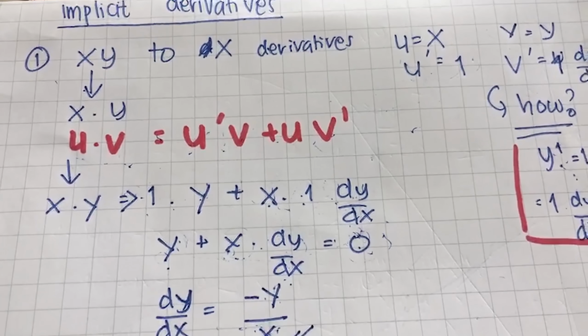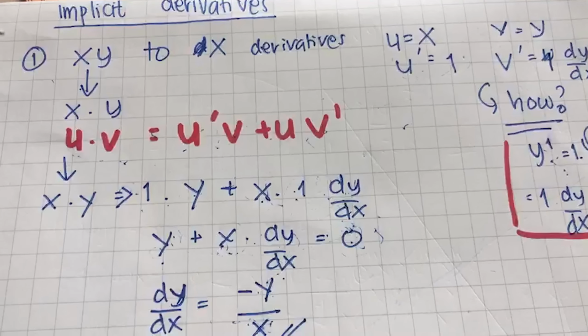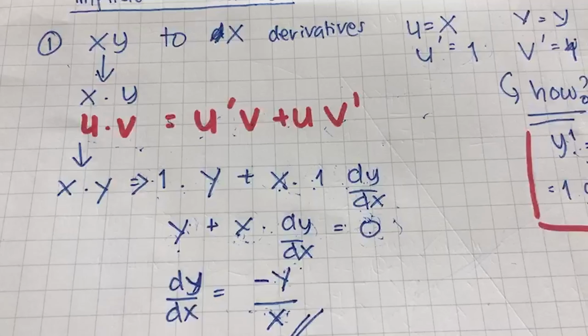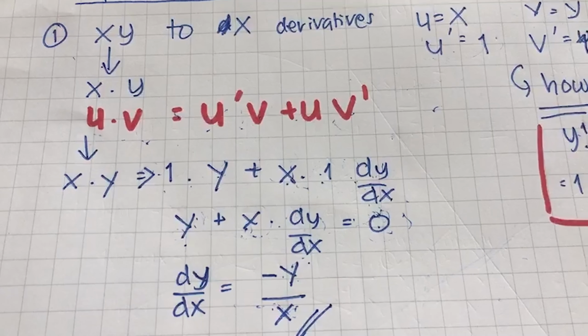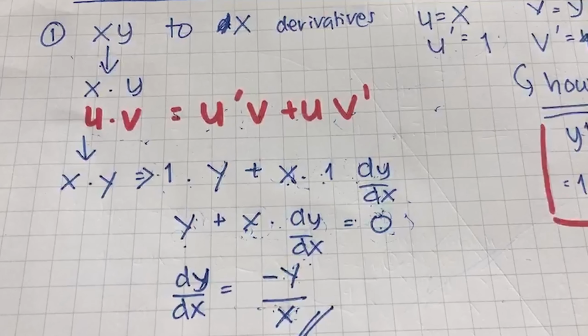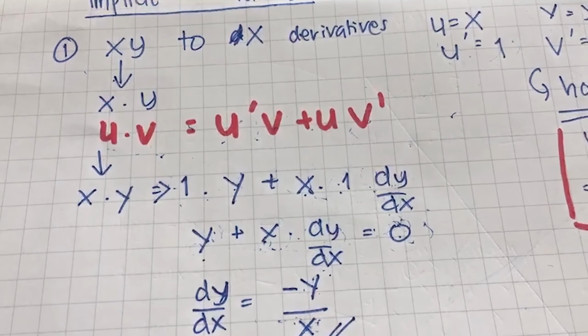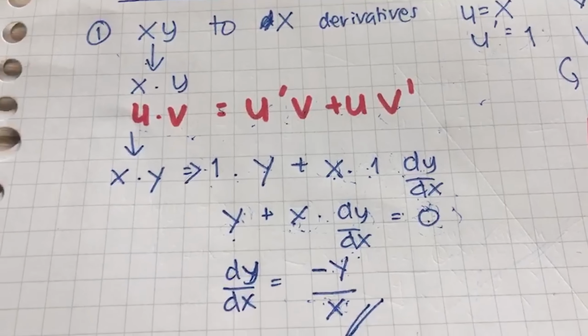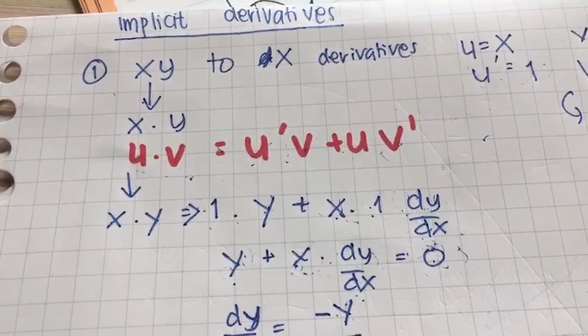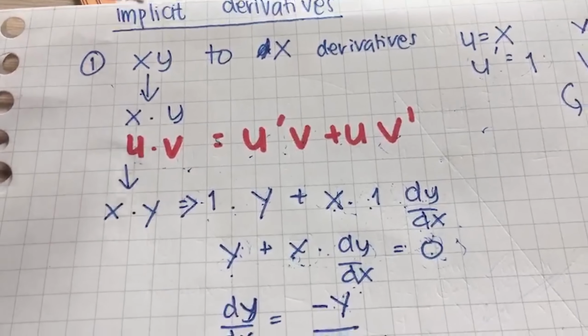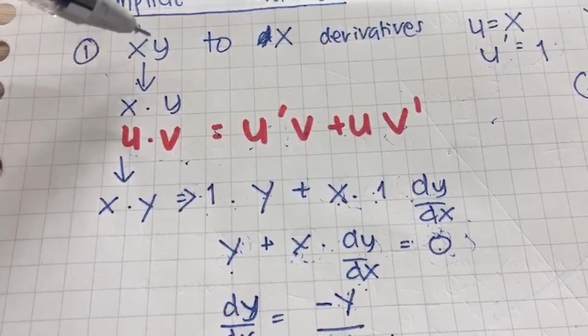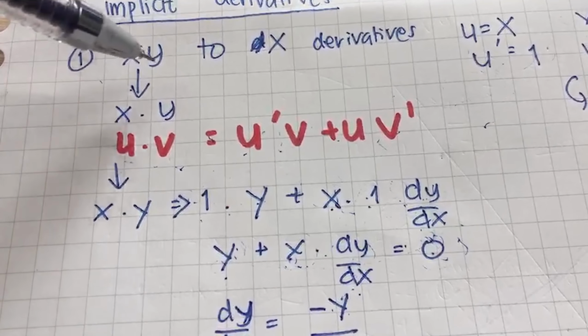So today I'm gonna explain to you about the implicit derivative. As we know, usually we only derive with respect to x. So how about when there is y in the derivative? So this is one of the examples with y in the derivative. I want to derive with respect to x only, but there is y.